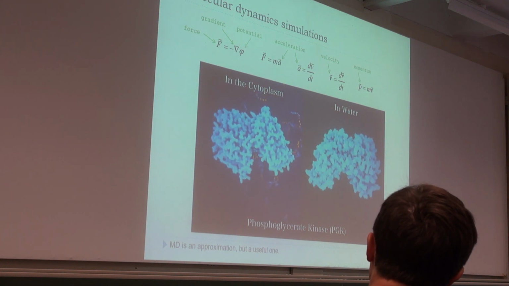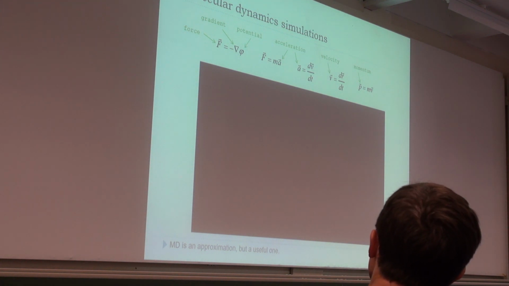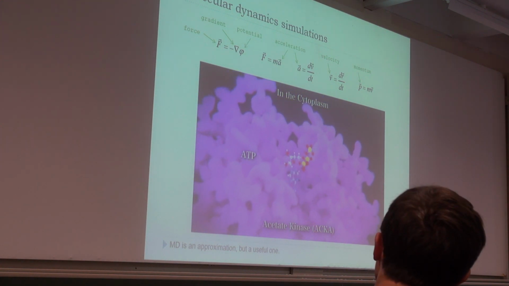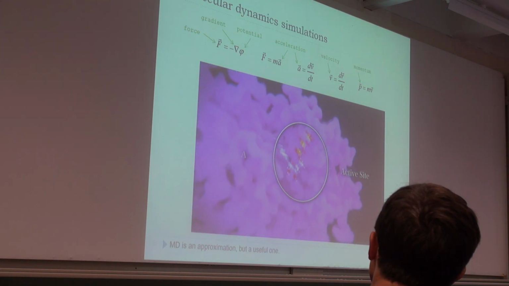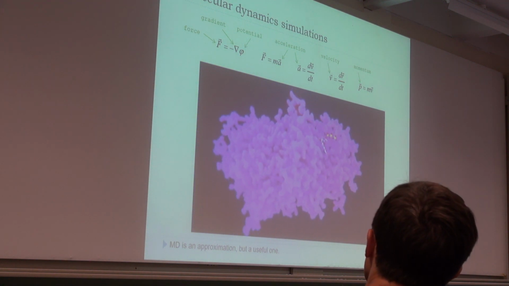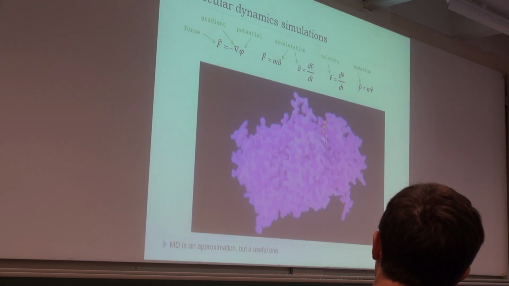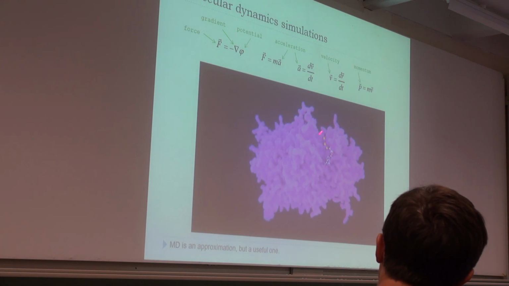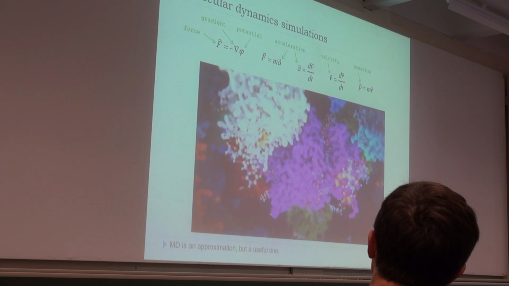Again, phosphoglycerate kinase, this is what synthesizes phospholipids. Acetate kinase, some bacterial protein that puts the phosphoryl group, phosphoric acid group, onto acetate. And you can see there that's the source molecule, the ATP that's bound inside.